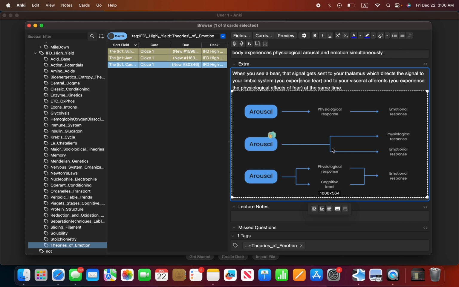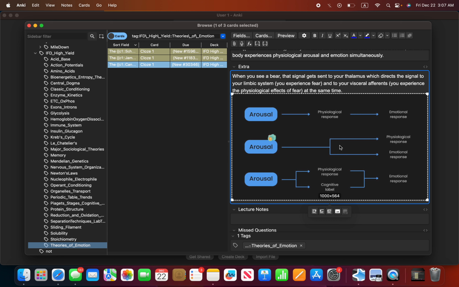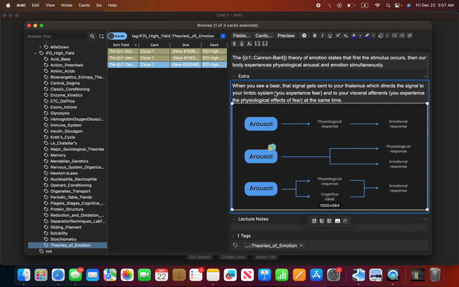Let's see, what is the Cannon-Bard theory? It is the stimulus occurring, then our body experiences physiological arousal and emotion simultaneously. So this is the Cannon-Bard. The order is not correct here.